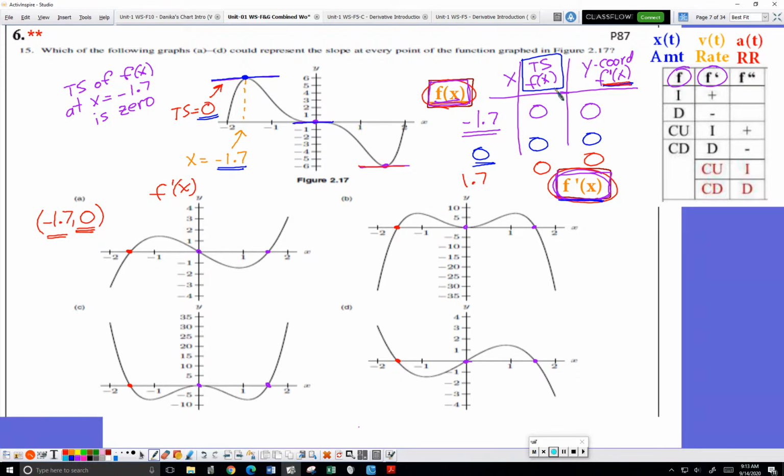So far I've only done it for 3, but I could do it for every point on f. If I were to do that, and then I take these values here, these tangent slopes of f, and I plot them on another graph as y-coordinates, that other graph is what's known as f prime. It's known as the derivative of f.